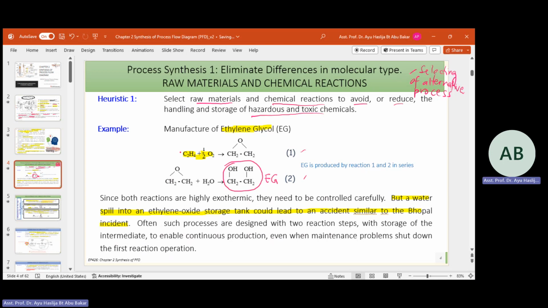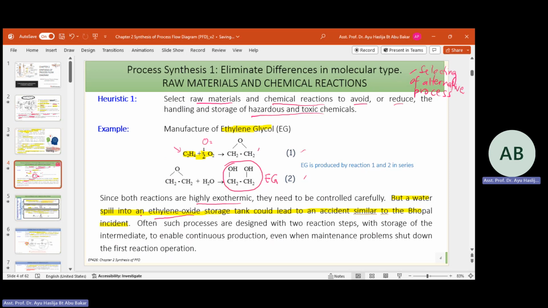From the raw material, ethylene reacts with O2, an oxidation process. It produces an intermediate product, ethylene oxide. Both reactions are highly exothermic.